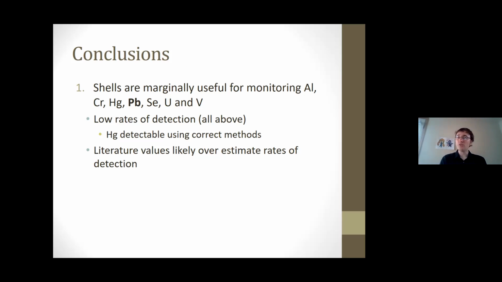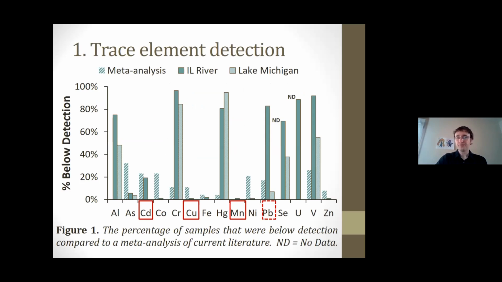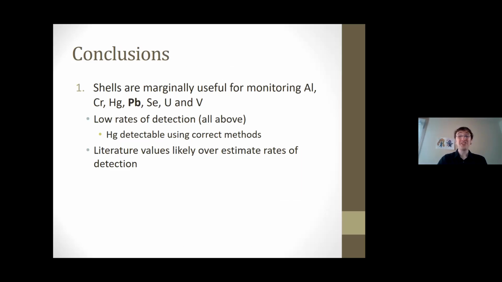You might have also noticed in the previous graph I had some striped bars to show what the meta-analysis said of below detection, and they were almost always lower than what I got. The only difference would be in arsenic and nickel. I just think that the literature doesn't report below detections as often.